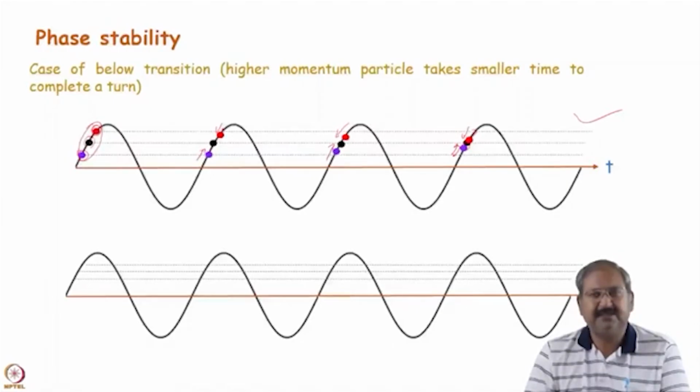This is known as phase focusing. As a quadrupole focuses the beam and excites betatron oscillations, similarly the RF cavity also focuses in the longitudinal direction, and it also excites a kind of oscillation known as synchrotron oscillations. These are synchrotron oscillations.